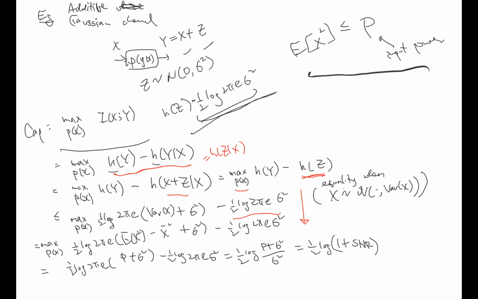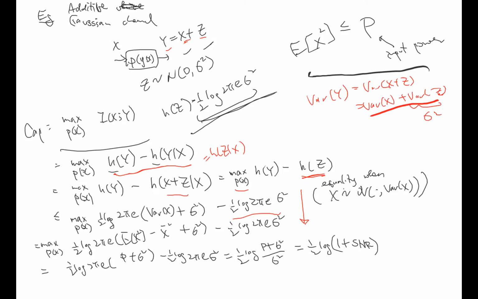I don't care yet what precisely the distribution is, but given the variance of X, the variance of Y: because X is independent of Z, we always have variance of Y equal to variance of X plus Z, which is variance of X plus variance of Z. So this one is sigma squared.